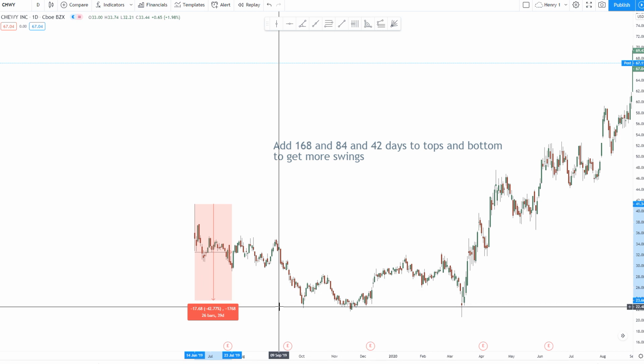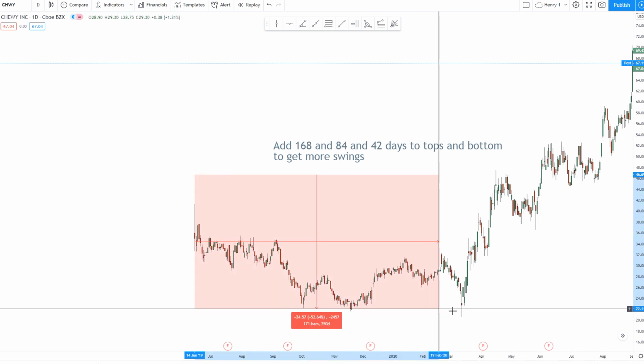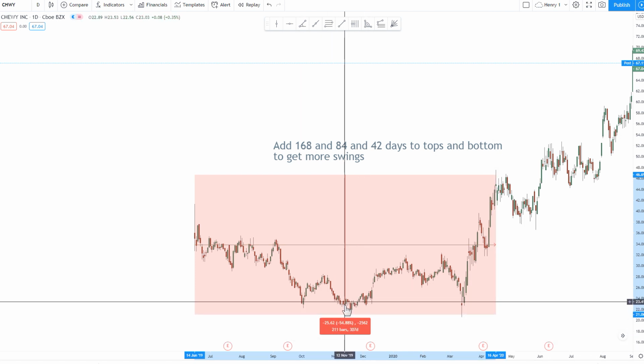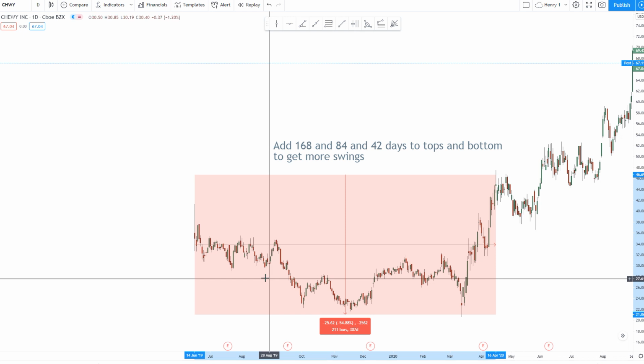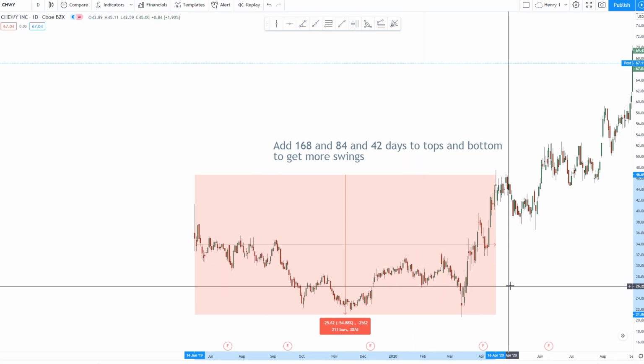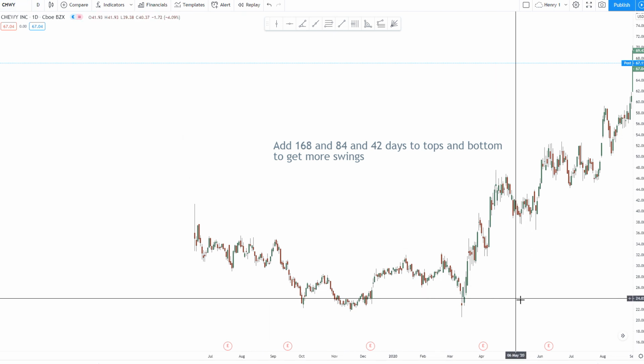So this looks like it's very important to this market. So if we look at this right here, we're getting the big bottom right there at the quarter point. I'll let you look at it and determine whether or not this particular stock is important to you.